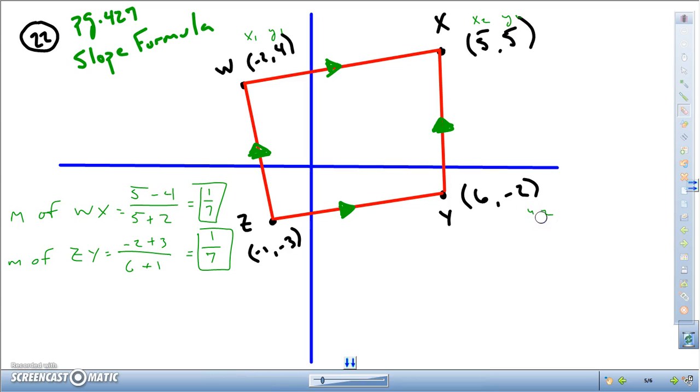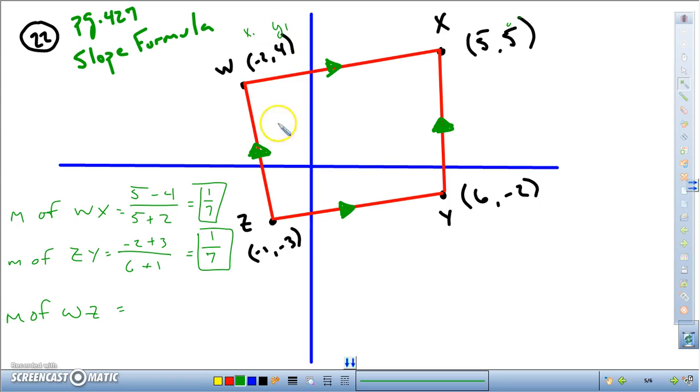Now I'm going to go to my left and right sides and make sure that they're parallel. I'm going to leave these slopes up here because I'm going to use them again in just a second. Finding the slope of WZ, we've got X1, Y1 up top, X2, Y2, and then Y2 minus Y1 over X2 minus X1. This would be a negative 7 over positive 1.